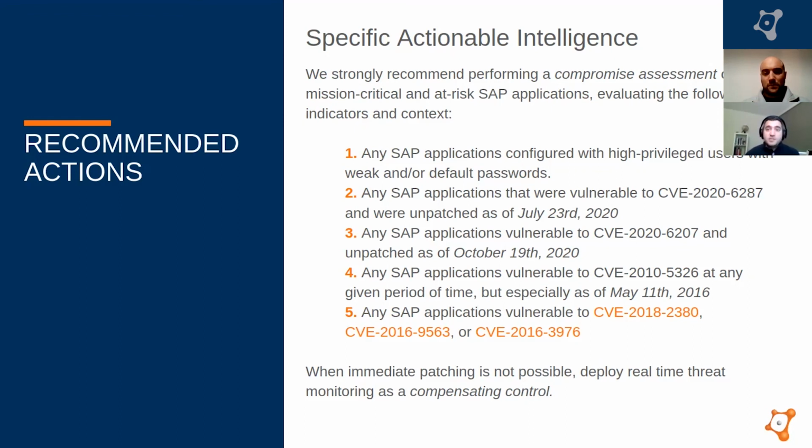Now, if the systems were not exposed to the internet, the probability is a little bit lower, I would say, but we have still seen very similar patterns in attacks that happen on the internal network as well. So make sure that you're able to identify that and work with your teams to ensure that these systems are up to date and have not been compromised.